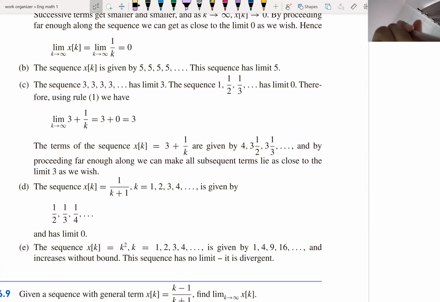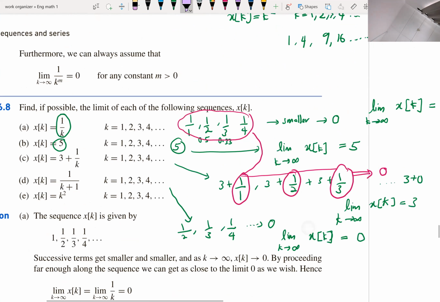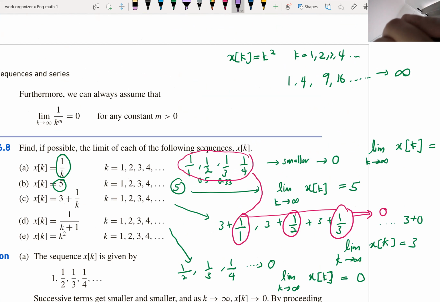For E, the last one, the sequence is increasing without bound, which is infinity. So it has no limit. It is divergent.